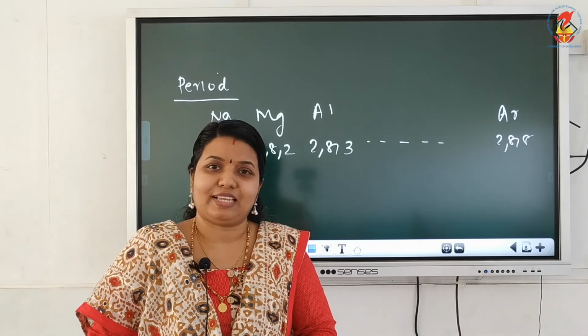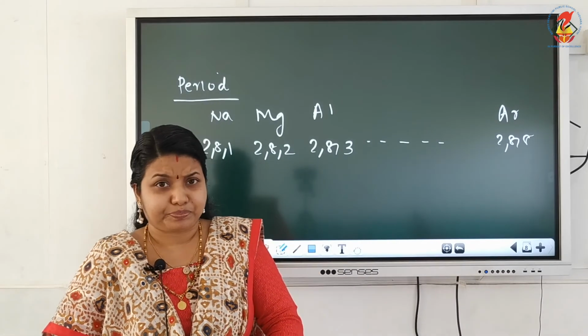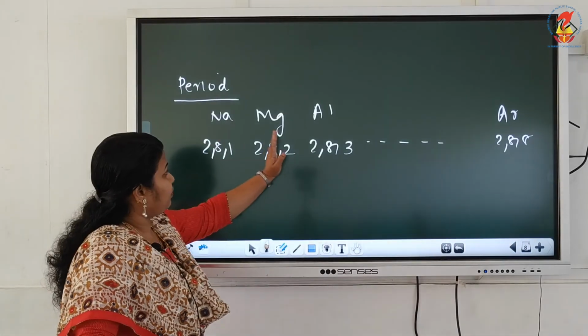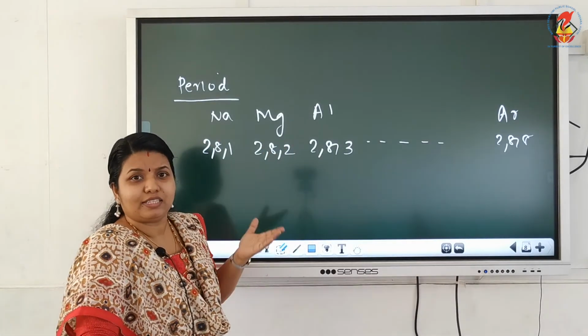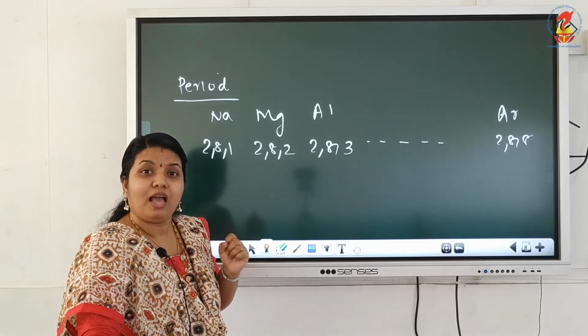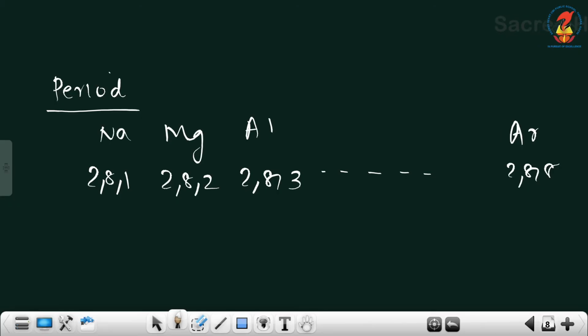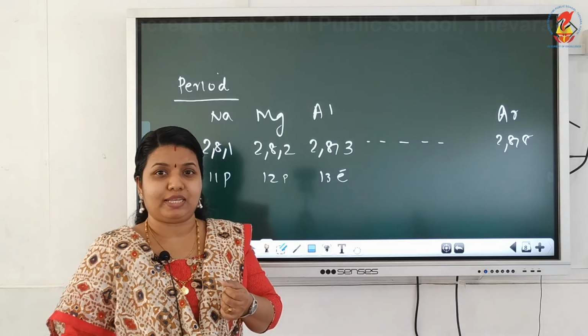But atomic size decreases because as you move from sodium to magnesium, nuclear charge is increasing, the number of electrons is increasing, and at the same time the number of protons increases. This one has 11 protons, here it is 12 protons, 13 protons, like that. The charge of the nucleus is increasing, or the power of the nucleus increases.